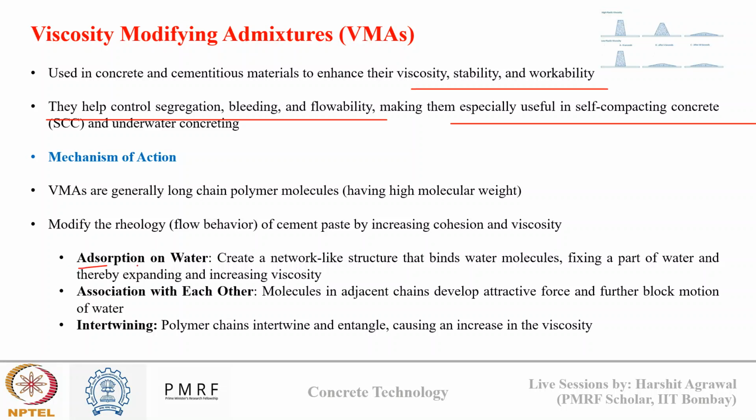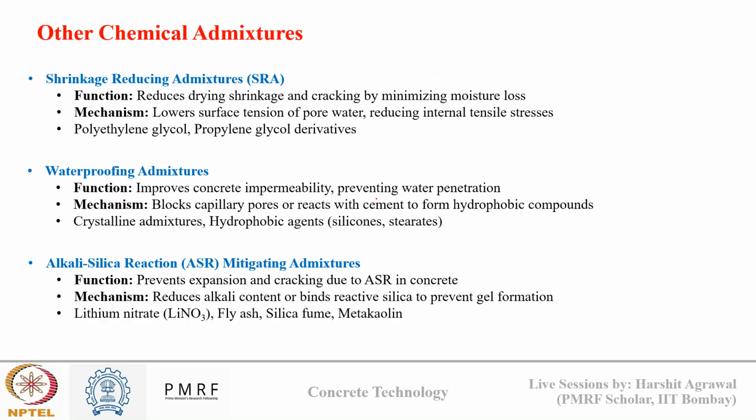So either by absorption of water, or by interacting with each other, or by intertwining with each other, they enhance the viscosity of concrete. Instead of acting on the cement grain, these admixtures act on water, and they make our concrete viscous in nature, which is very important in self compacting concrete.